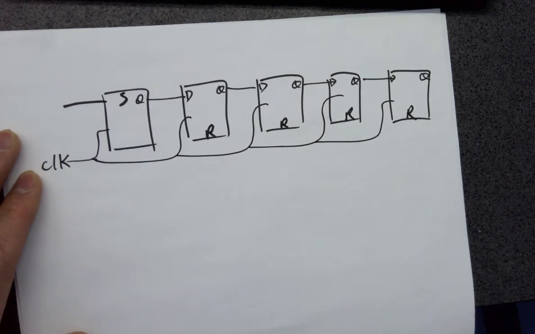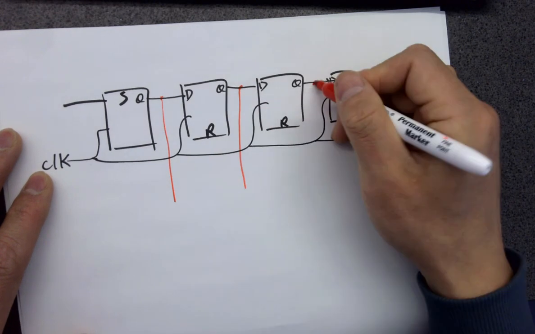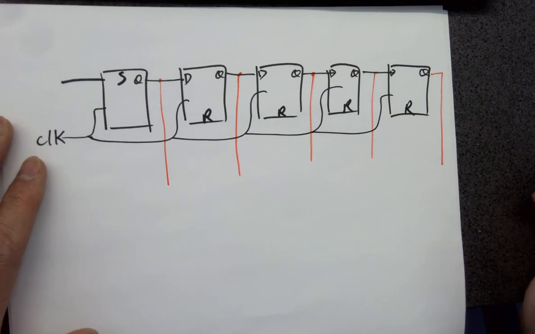Now we're getting output from here to connect to your code register at the bottom, like this.